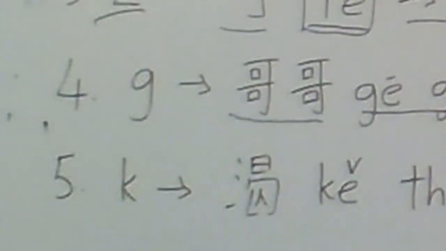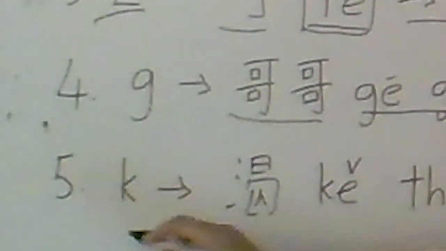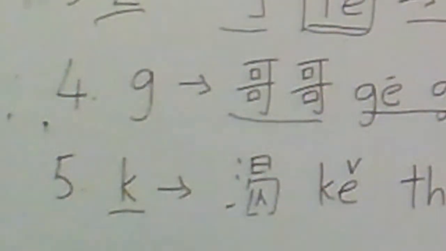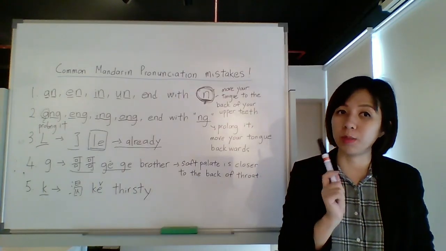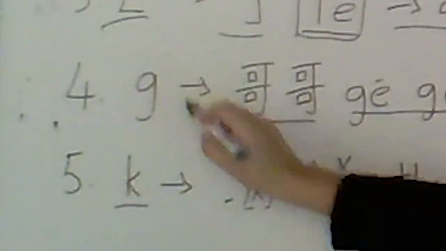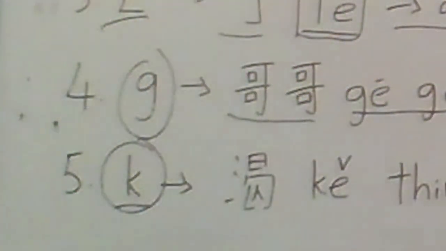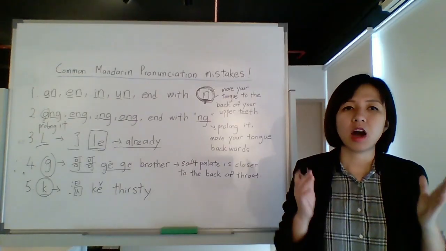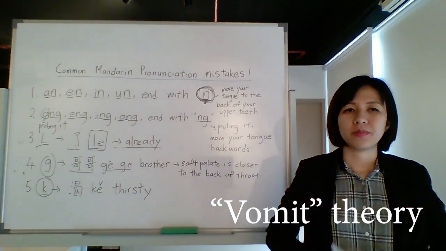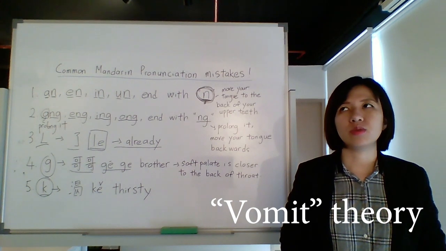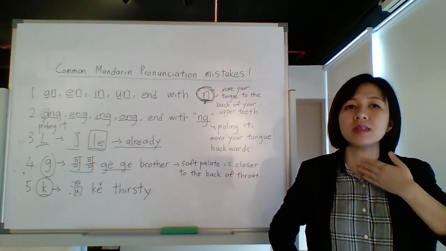So the last one we learn is this one. You can notice one common thing: this one and the previous one use the same theory, the vomit theory. Just imagine you are vomiting.